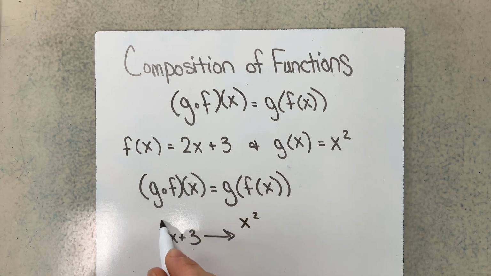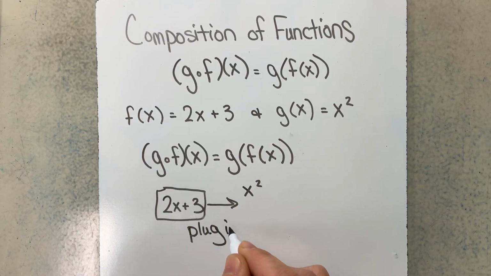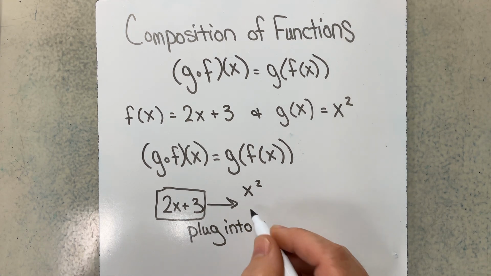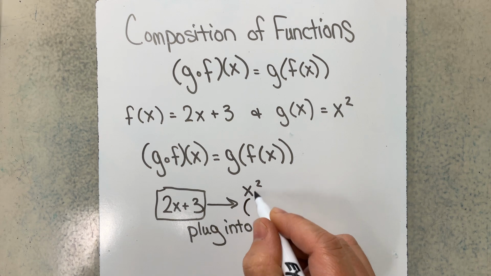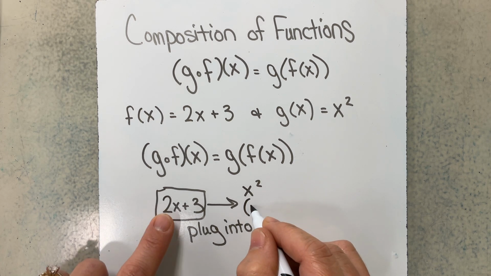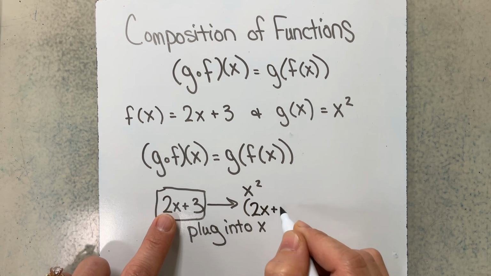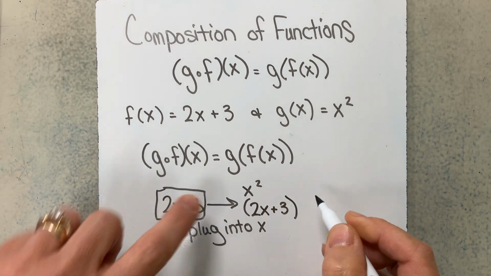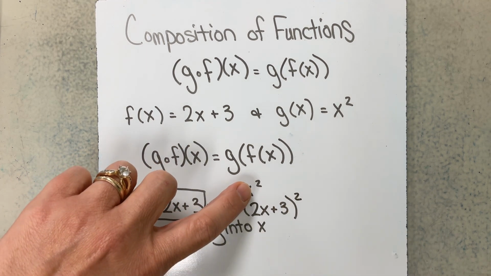So we're going to take this whole piece and plug it in for x. Whatever's in here is going to get squared. So we take 2x plus 3, plug that in for our x value, and now we're going to square that.